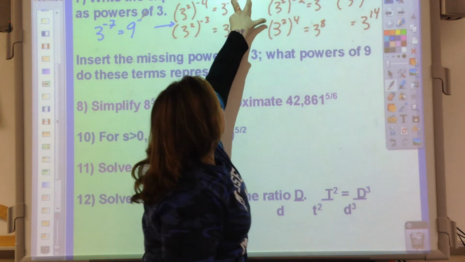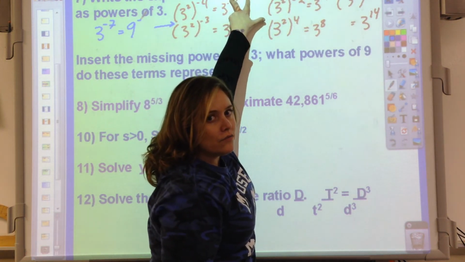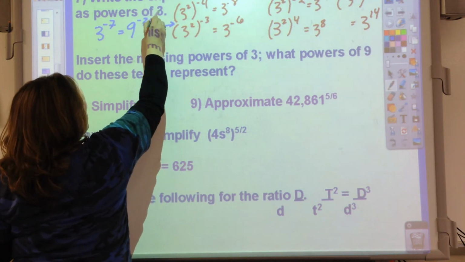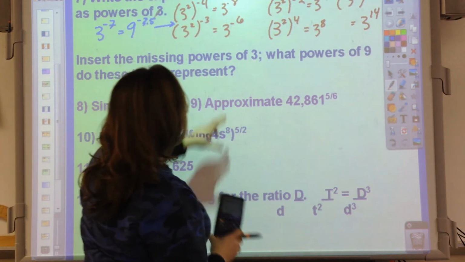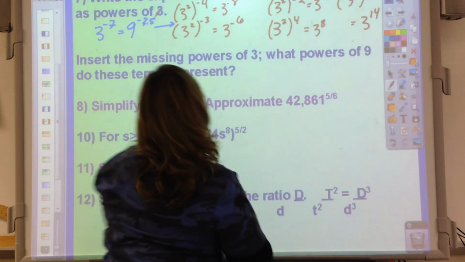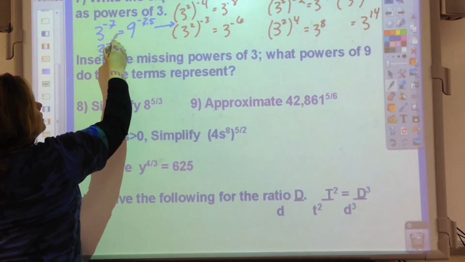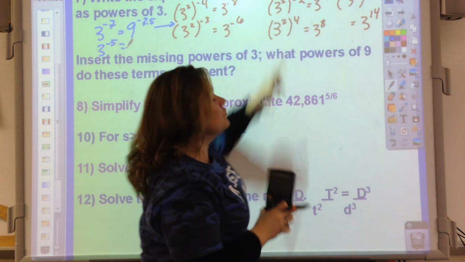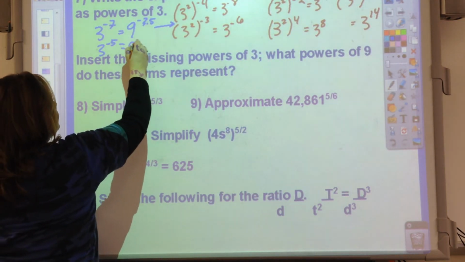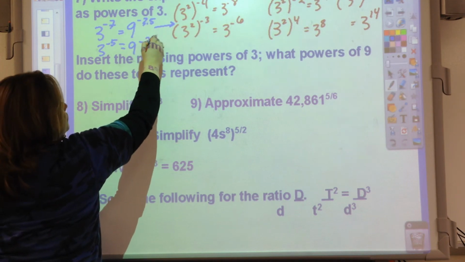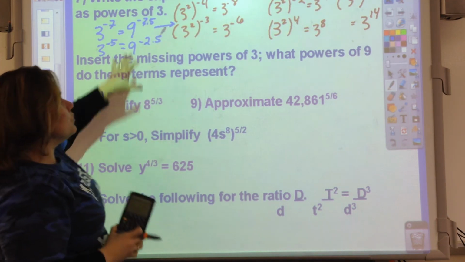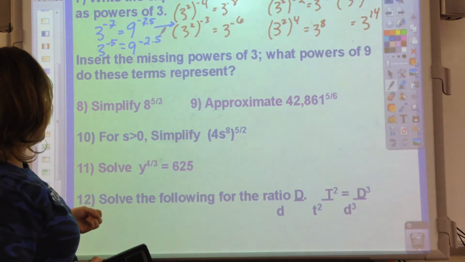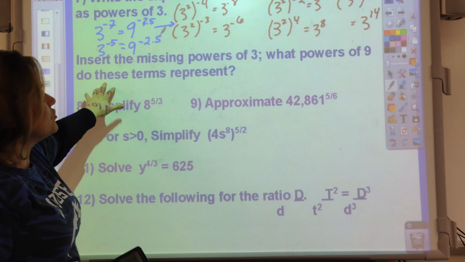If that's smack dab in between -4 and -3, wouldn't I get a -3.5? And if I look between 6 and 4, I'm missing a power of 5. That's between the powers of 3 and 2. So that should give me 9 to the 2.5. We'll look at more equal or congruencies in class tomorrow, but that's something that you should notice.